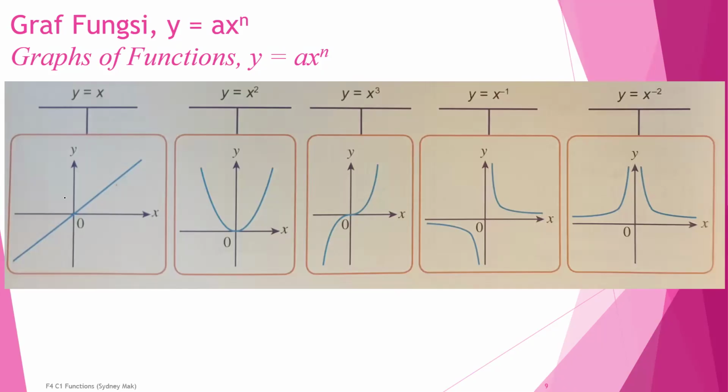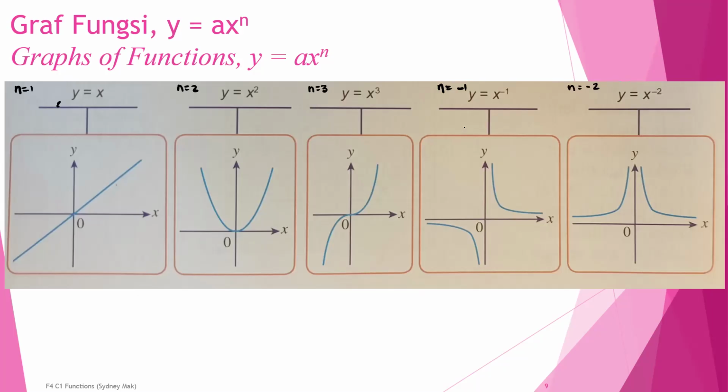So it is written y equals ax to the power n. So this is when your n is 1, this is when your n is 2, this is when your n is 3, n is 4. Negative 1. When your n is negative 2.